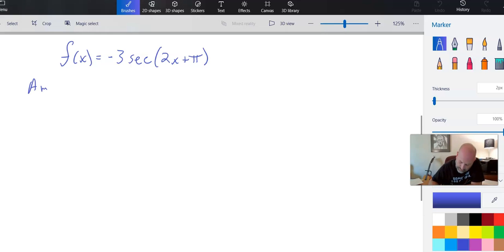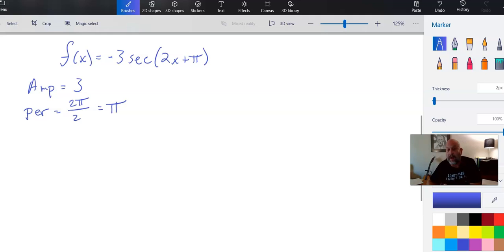Amplitude, right? We should be able to pick that out right away. It's the absolute value of a. So it may be a negative number here, but we always take the amplitude as positive. The period is going to be, well, the period of secant is 2 pi, so it's going to be 2 pi over b. B is 2, so the period is pi.